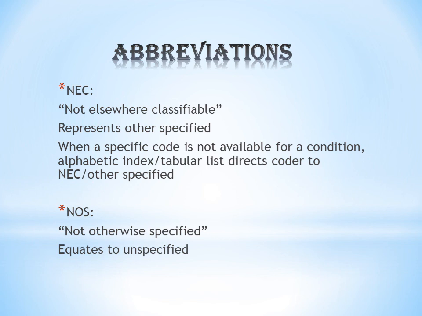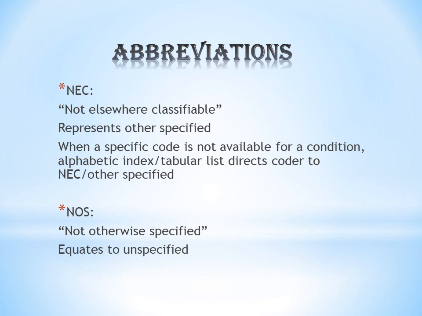That is, the patient has a particular diagnosis, but in the ICD textbook we do not have a code for that particular type. Maybe some other type of that diagnosis has a code, but this type does not. In that case you take the code for NEC, not elsewhere classifiable.